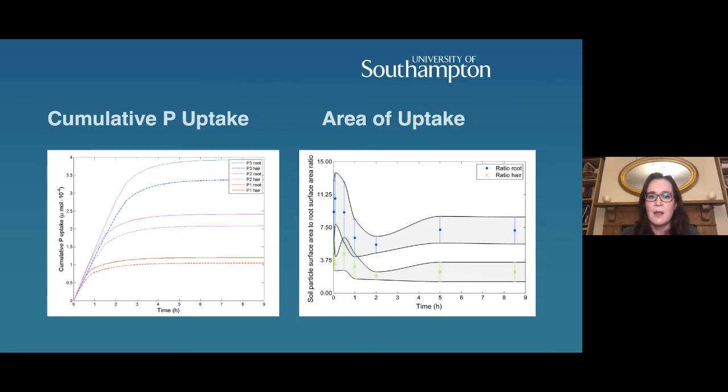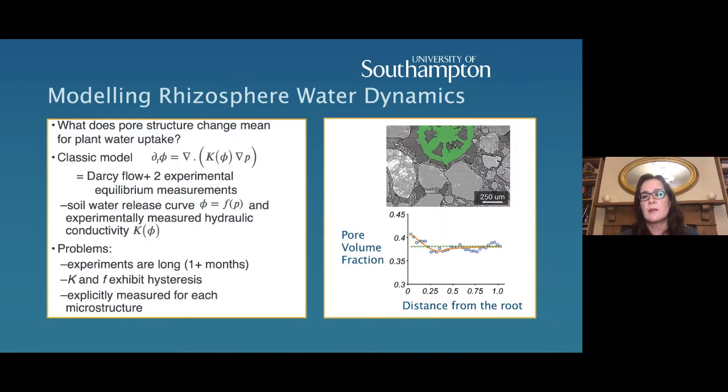So moving on from there, we also knew that root hairs are known to exude surfactants and chemicals into the soil that change soil water behavior in the region of soil directly surrounding the root. So we wanted to know what that effect is.